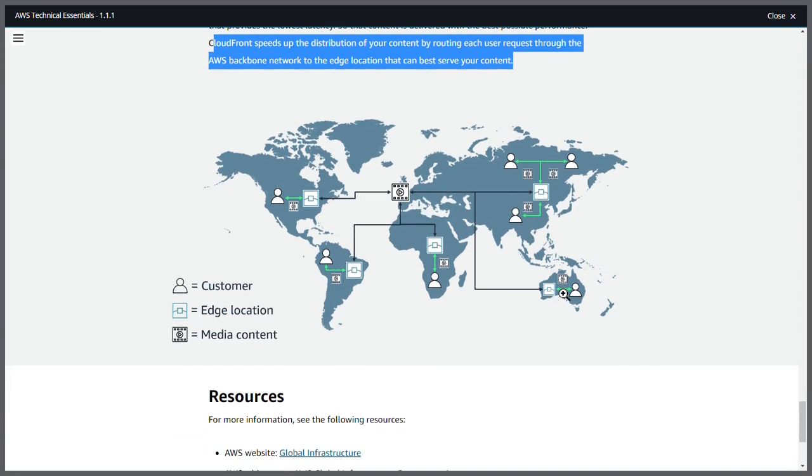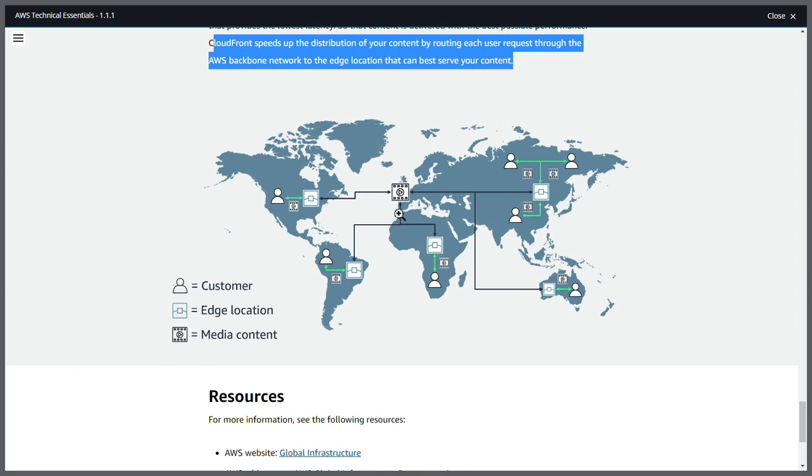So let's say there's a customer, this symbol is a customer, and the edge location is this person, and the content is stored here. So this content is not traveling from this part of the world to Australia, but from Australia to Australia, because this content has been replicated in each of these edge locations.